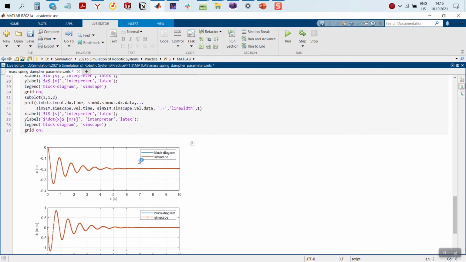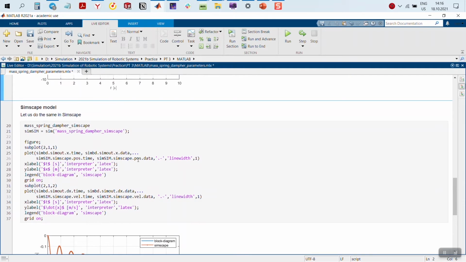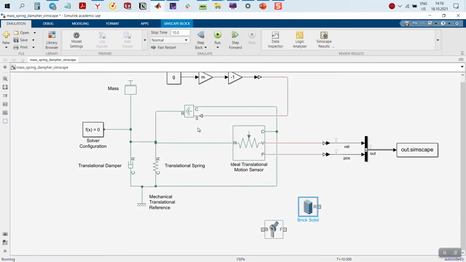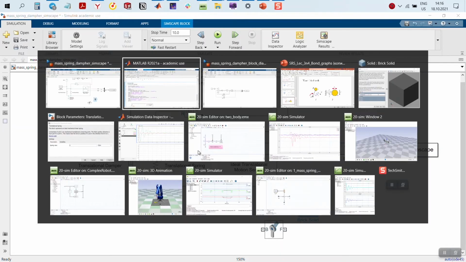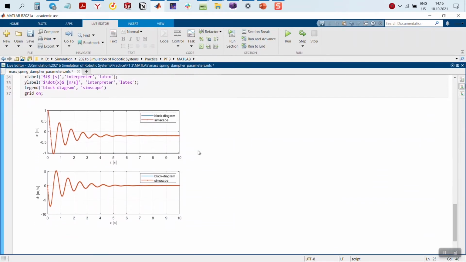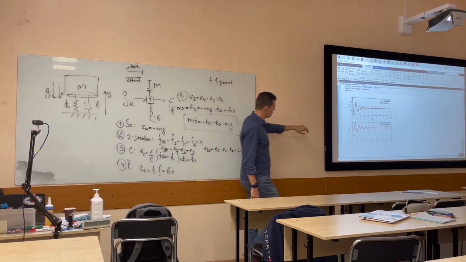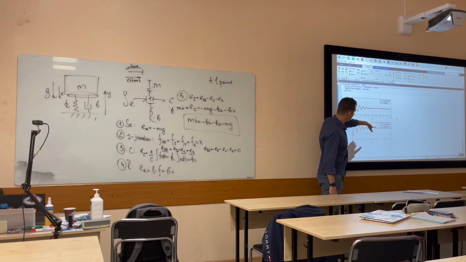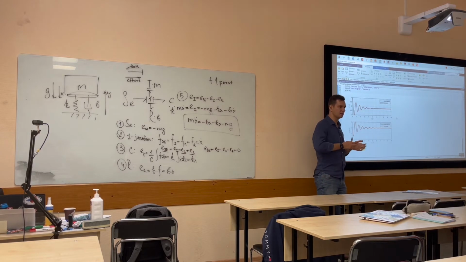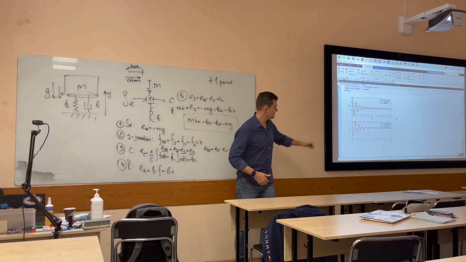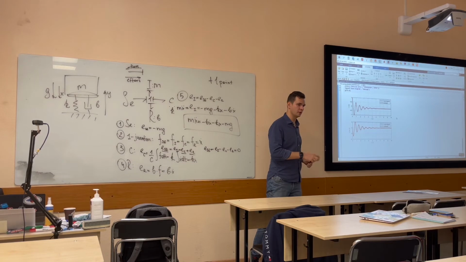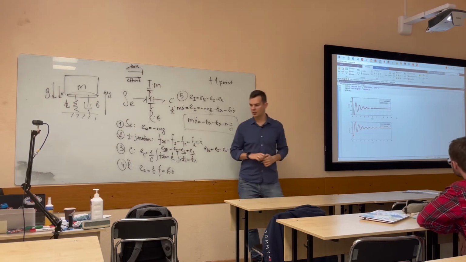And then there is a Simscape, not the Simulink but Simscape model that uses those iconic representations with the springs, damper, all this stuff. And it also makes you some plots. And here you can see that actually I put here two graphs, but since they are the same, they coincide. Pretty much the same you need to do, but for those two different models.